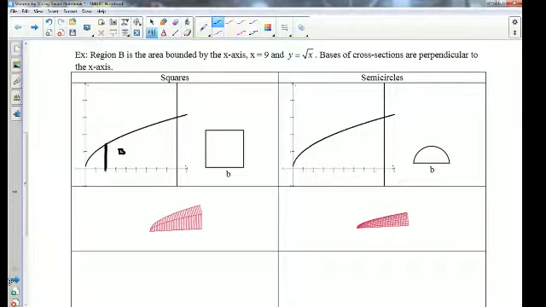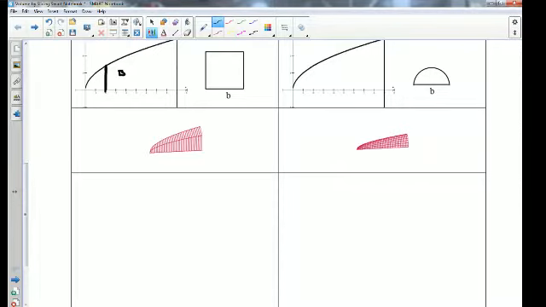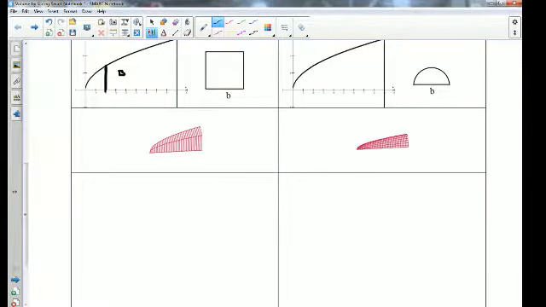What's the volume of the solid created by those cross sections? So you can see what it looks like, right? Here's the root x, and then the squares come up. If I wanted to just calculate the area under the curve, the area of region B, how would I do that?